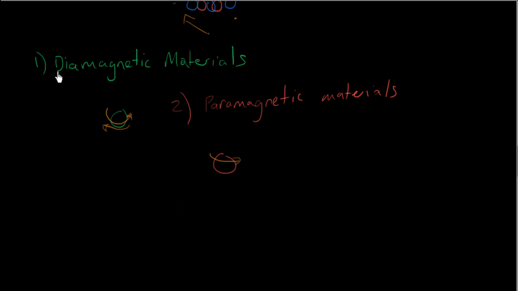So let me just write some examples of each one, so you have a bit of a notion of what type of materials they could be. Diamagnetic materials, for example, are most of the ones in the periodic table, but examples could be copper and silver and gold. So these would be elements that you wouldn't want to make a magnet with.